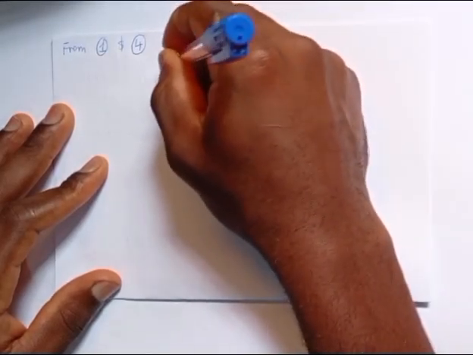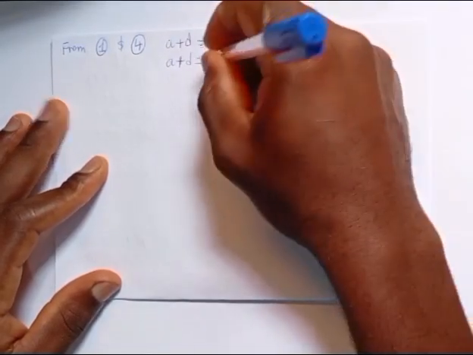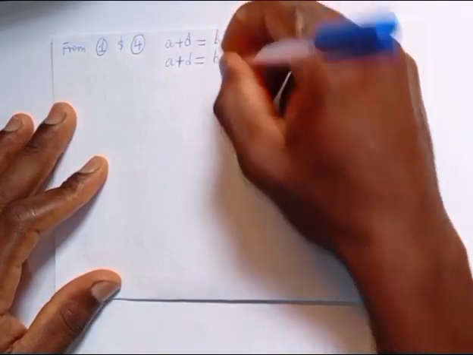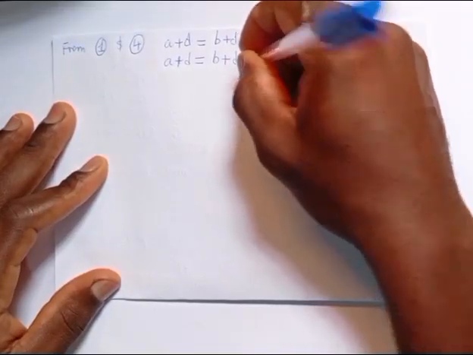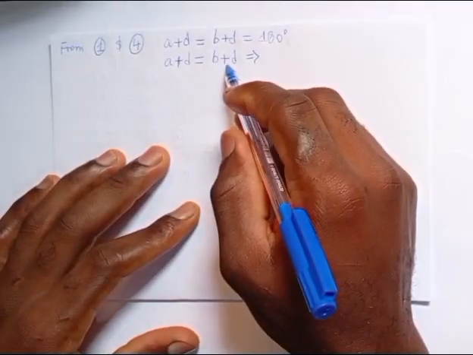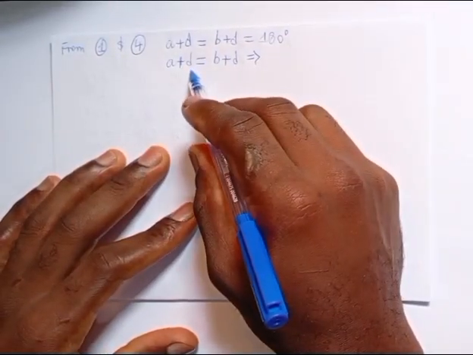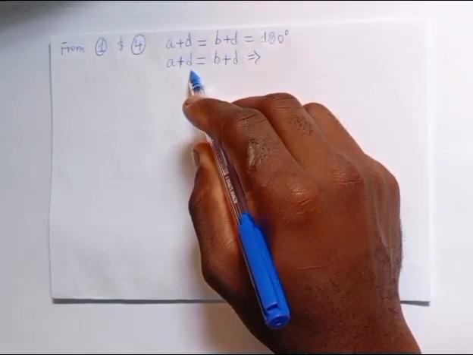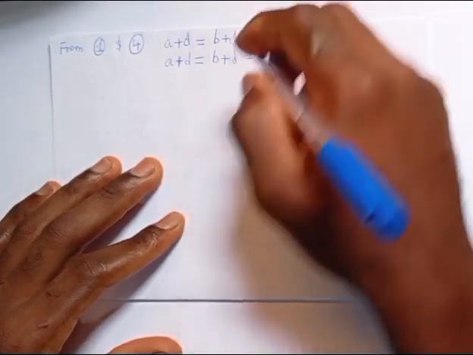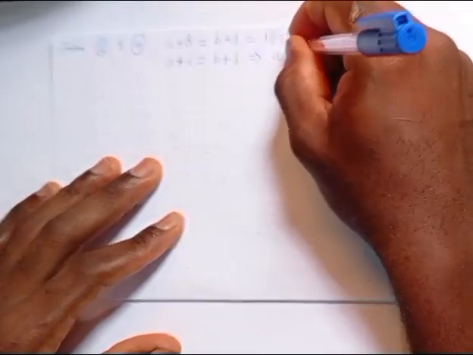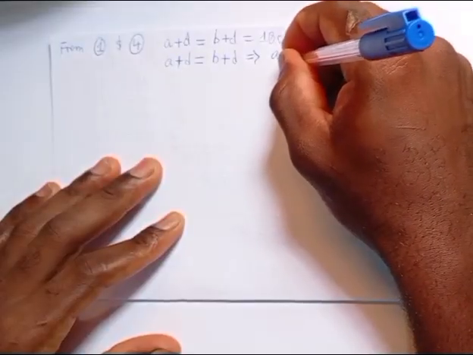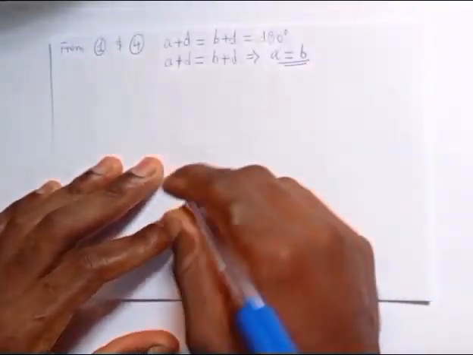A plus D is the same as B plus D. Then if we transfer D to the left hand side, it becomes negative. D minus D gives us 0. We'll be left with A equal to B, which is true.